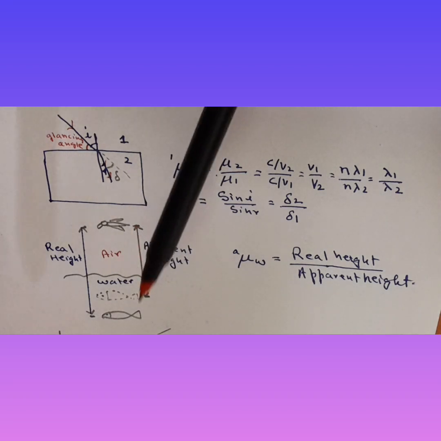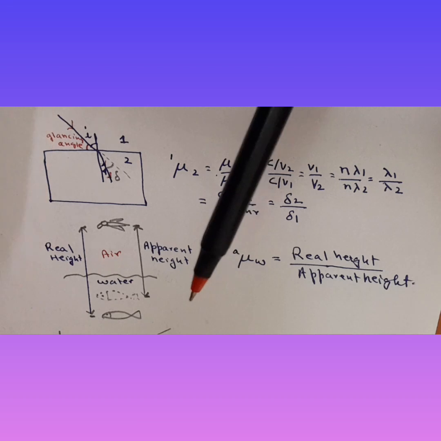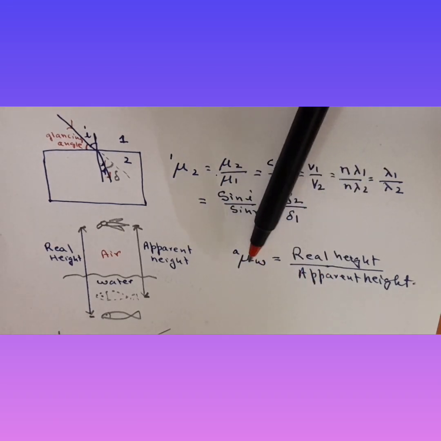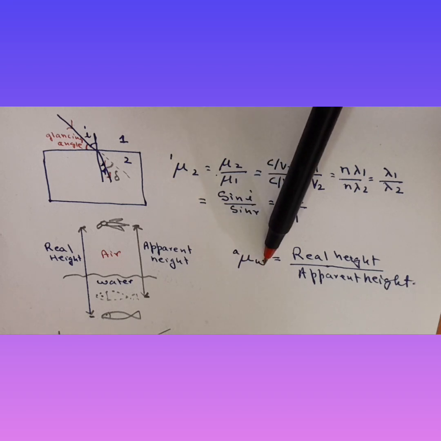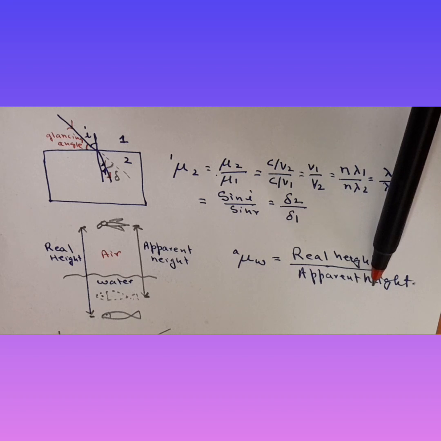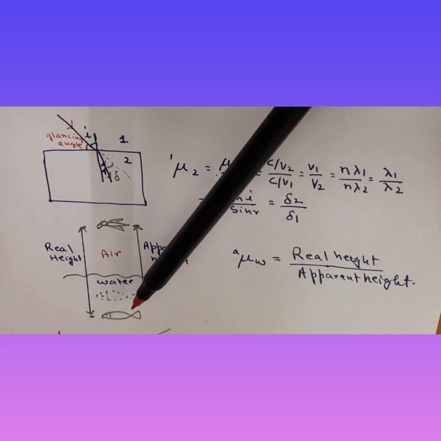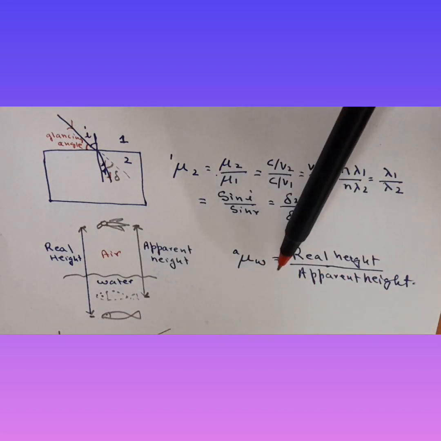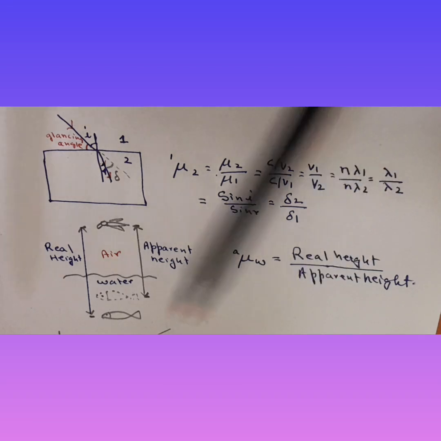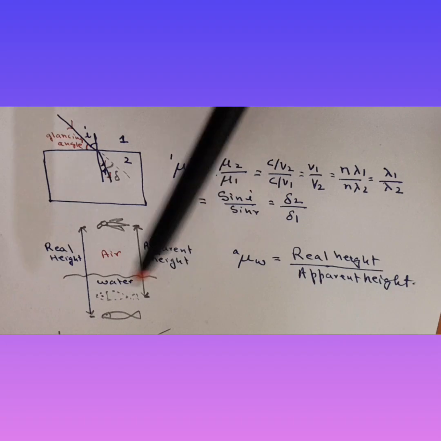Now, there is a formula which correlates real height and apparent height. So, refractive index air to water is real height upon apparent height. Alright, so if now we talk in terms of the fish, obviously it would be toppled. The equation would be toppled. Occasionally we also find numericals based on this formula.